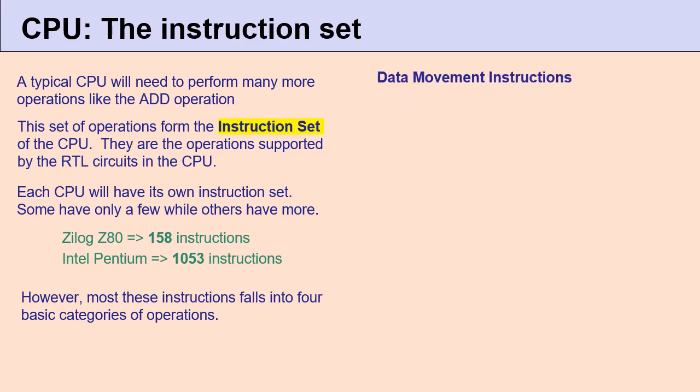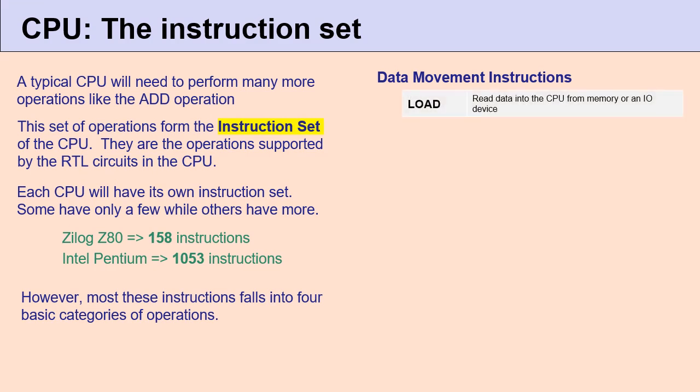These operations help the CPU to move data from one place to another inside the computer. For example, reading data from input devices and loading it into CPU registers, or reading something from the memory and loading it into a CPU register so that it can be used in a subsequent operation. For example, most CPUs will have an instruction called the load instruction.